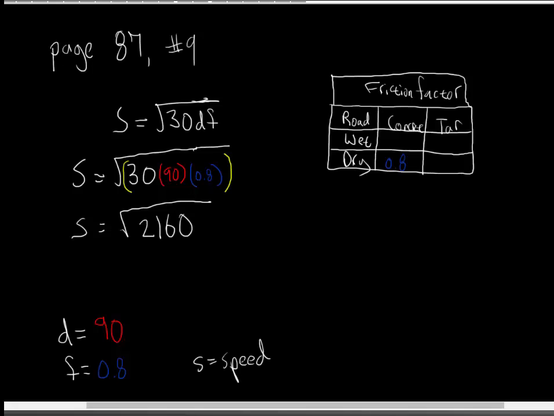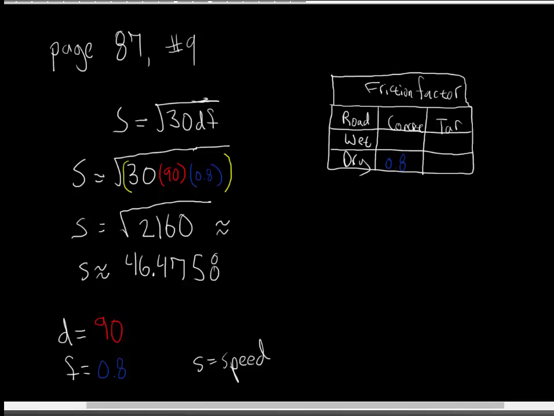Now the question is, if the speed limit is 35 miles per hour, was the car speeding? Explain. So we need to know, is the square root of 2160 greater than or less than 35 miles per hour? Again, we're going to go straight to the calculator, use the square root feature, 2160, enter, and I get approximately, the speed is approximately 46.4758, and then there's more numbers after the decimal.